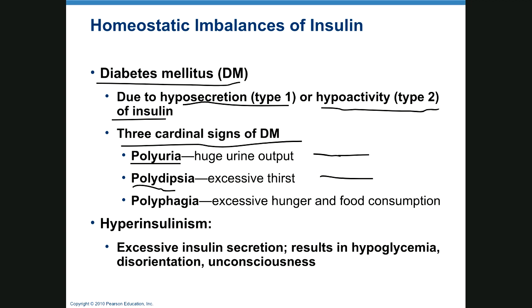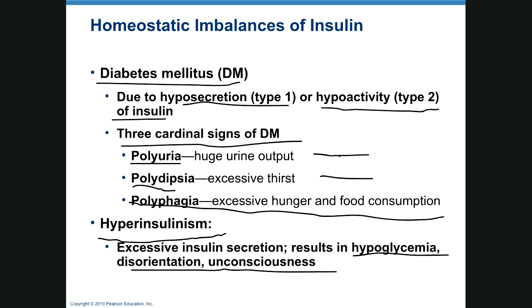So you pee too much, too thirsty. Polyphagia, you eat too much because you're starving to death because your cells don't get any sugar because it's all in your bloodstream.